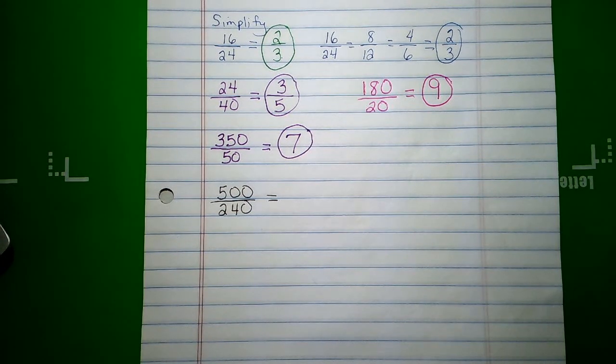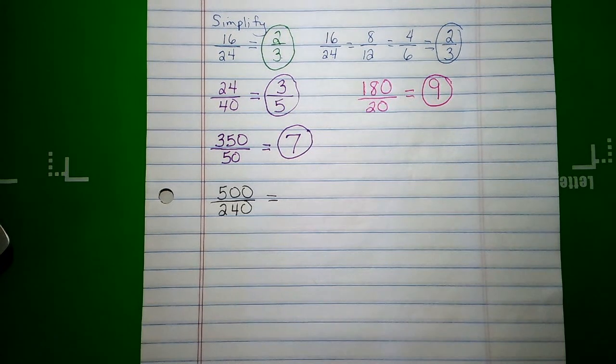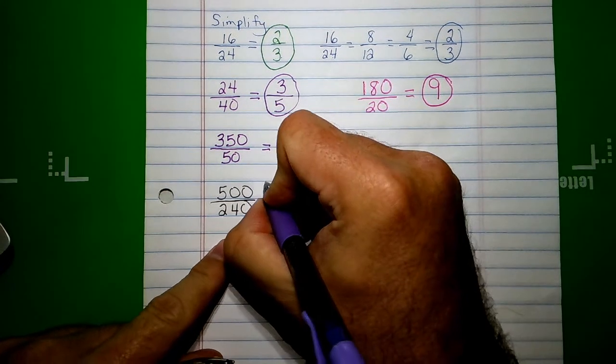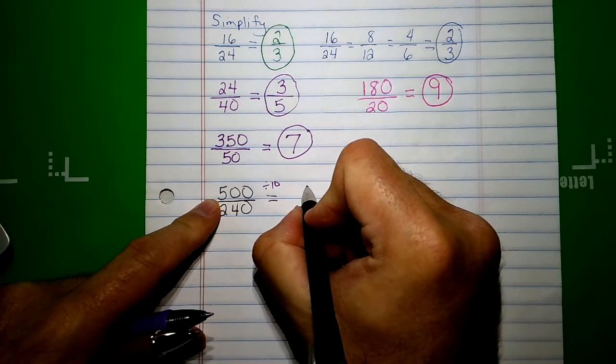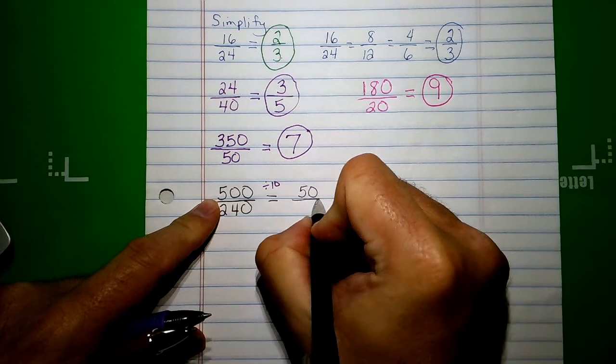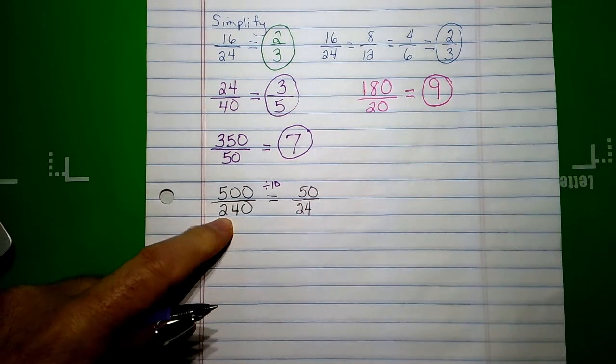Why don't we break this up into a few steps? We could start off by dividing above and below by 10. 500 divided by 10 would be a 50. 240 divided by 10 would be a 24.